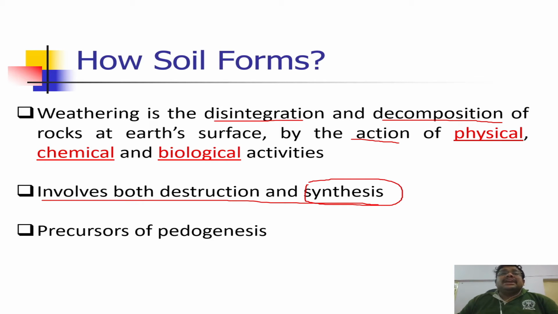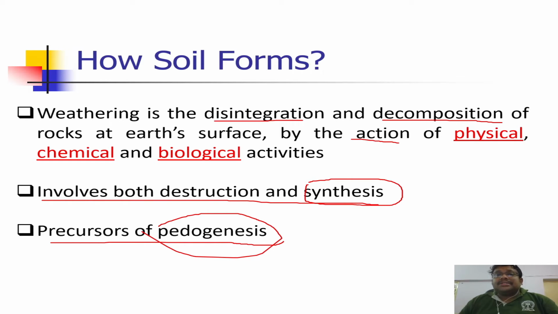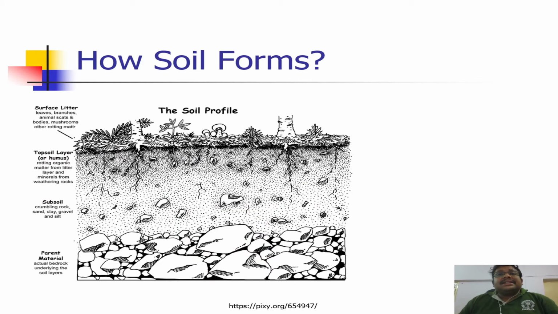Remember that weathering is the precursor of pedogenesis. The pedogenesis process requires weathering to be active, otherwise pedogenesis will not occur in the soil without this weathering process. So let us discuss in detail how soil forms due to weathering.